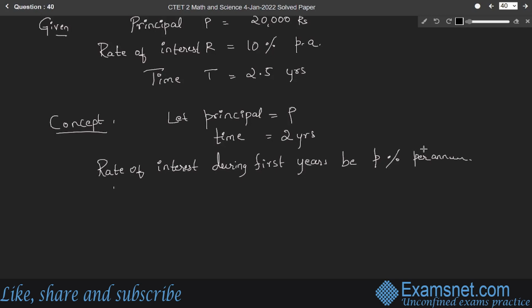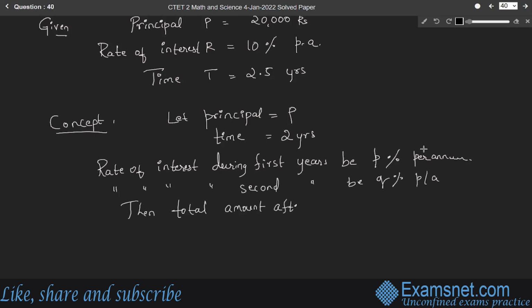Similarly, the rate of interest during the second year be q% per annum.